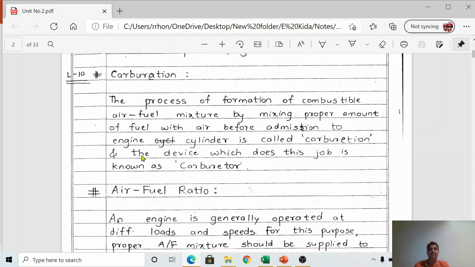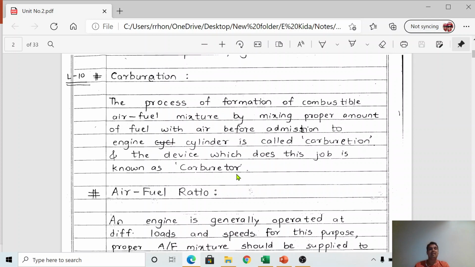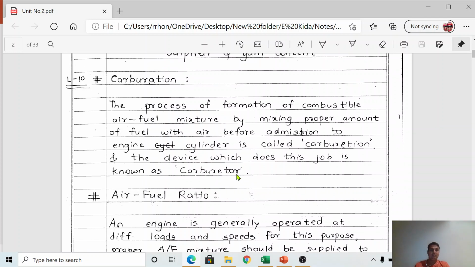And the next one, the device which does this job is known as the carburetor. So my dear friends, always remember, the carburetor is a device which is generally used to supply the proper amount of air and fuel combustible mixture to the engine cylinder during the process of suction.